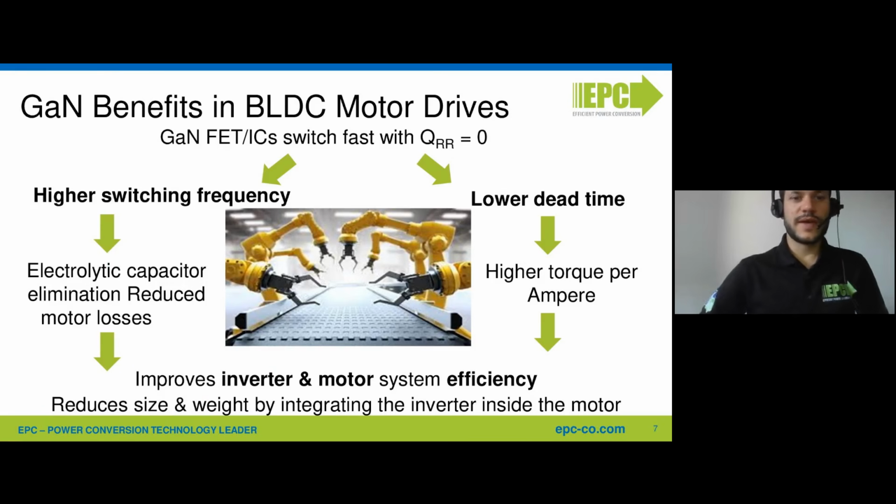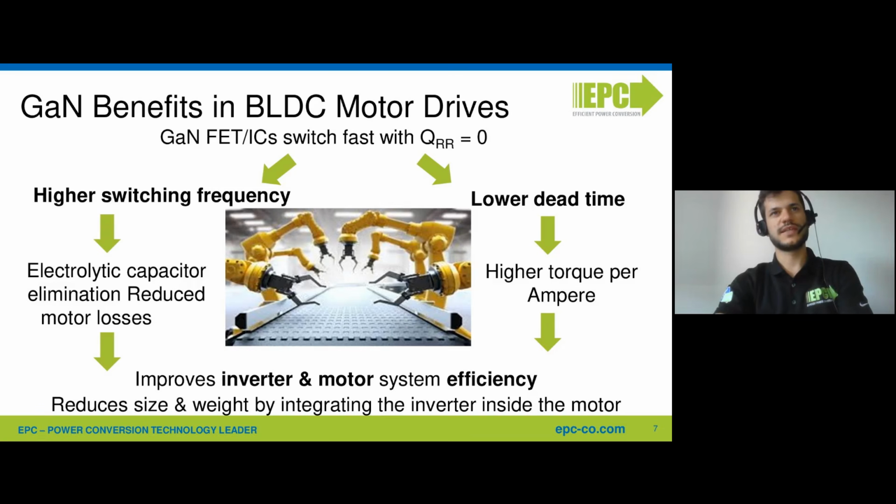As I have already mentioned, there are two main parameters on which we can work. The increase of the switching frequency has two effects, one on the motor side and one on the inverter side. The one on the motor side is that a smoother current feeding the motor has a lower harmonic content.